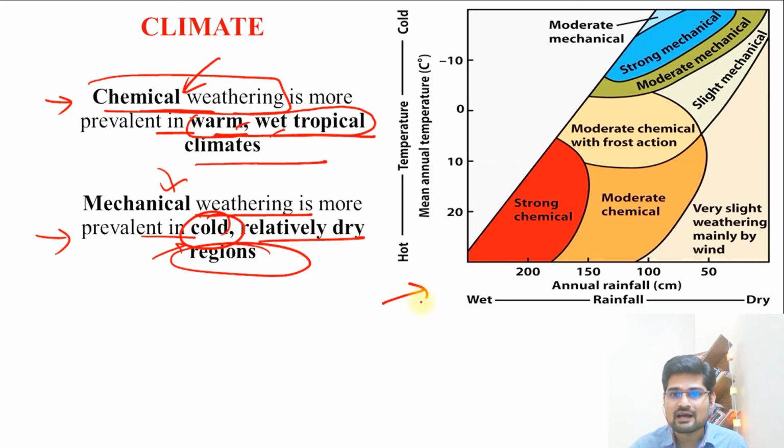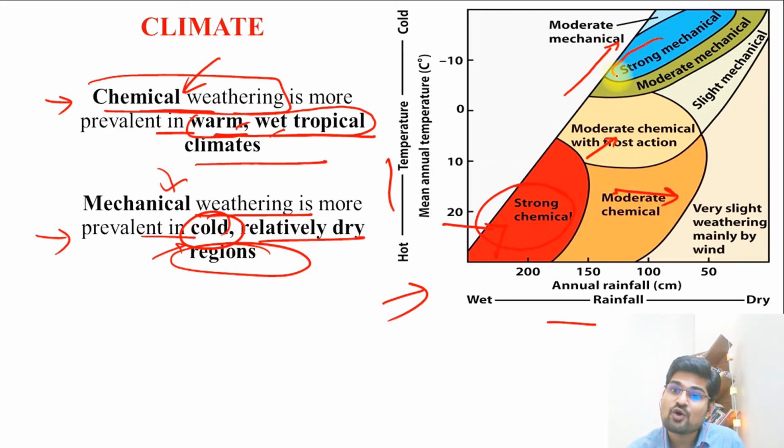So looking into this graph as well, this is temperature and this is rainfall. Remember, where maximum temperature and maximum rainfall are there, strong chemical weathering is there. You can look into this graph, and gradually when we go away from this, we have moderate chemical weathering, and as we move towards the colder region, you have strong mechanical weathering. And further, what we see is very slight weathering, mainly by wind, in the area of lesser rainfall and higher temperatures.